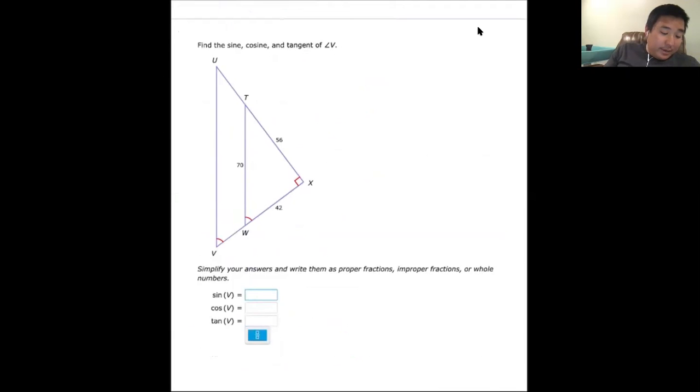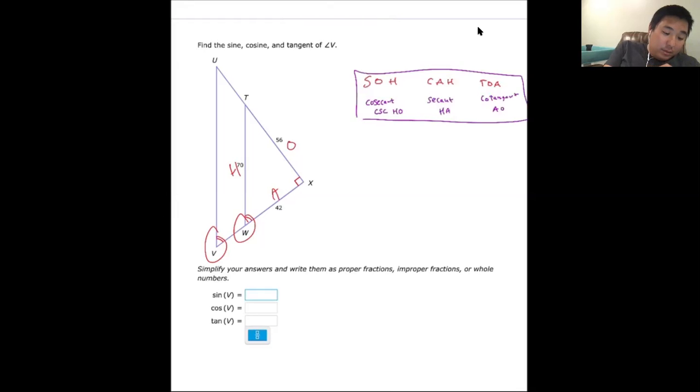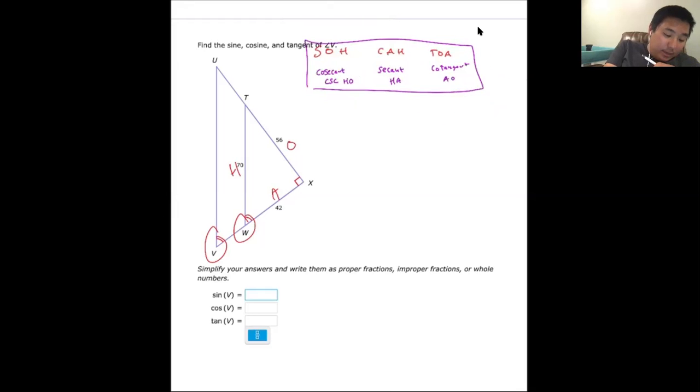Find the sine, cosine, tangent of V, which is the same as W. So this is the hypotenuse, this is the adjacent, and this is the opposite. Using the rules, opposite is 56 over 70. Simplify that. 56 divided by 70. And get that, and then it tells you, so it's 4/5.